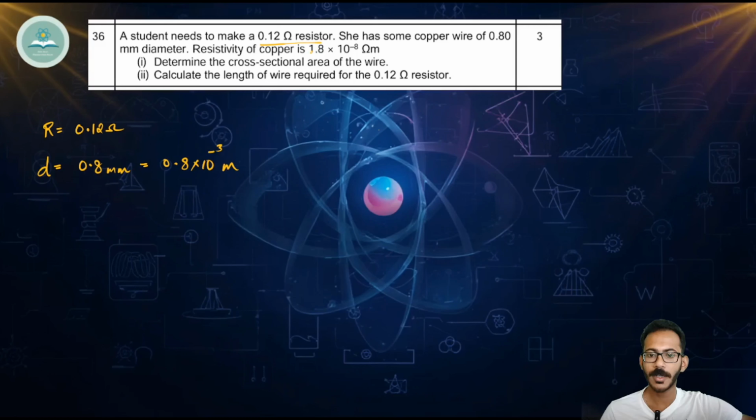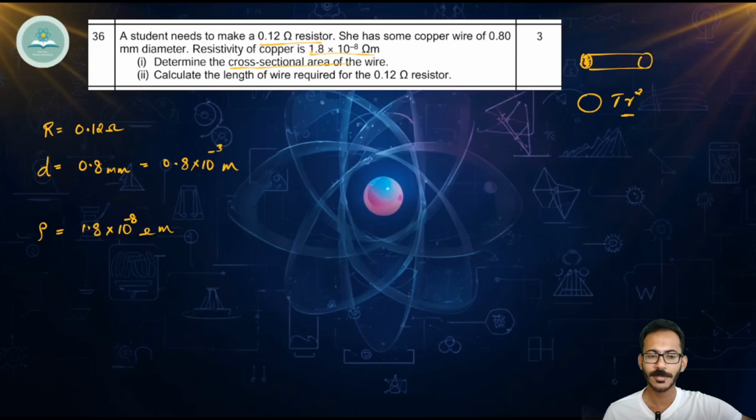First question is determine the cross-sectional area of the wire. If we consider a wire, the wire is similar to a cylinder. So they are asking us to find out the cross-sectional area of the wire, which is similar to the area of a circle, that is pi r square. For that, we have to find out the radius.